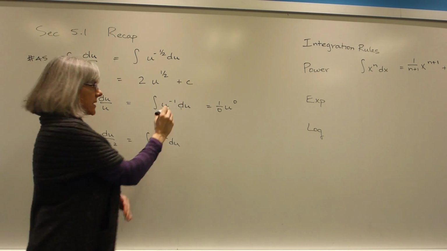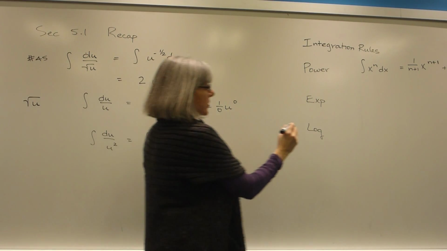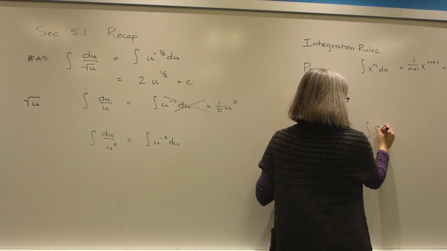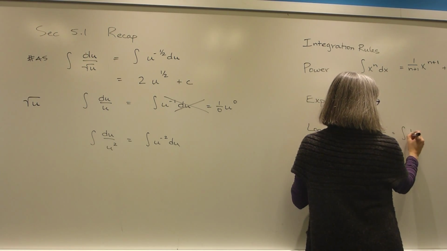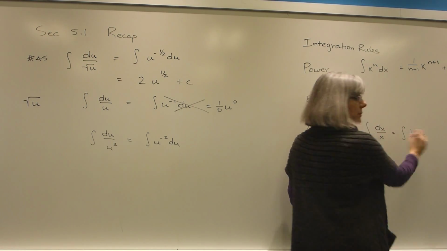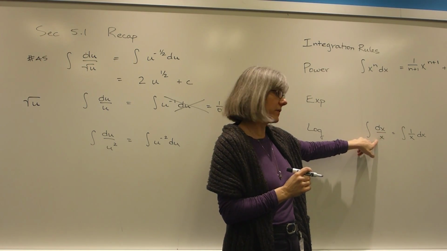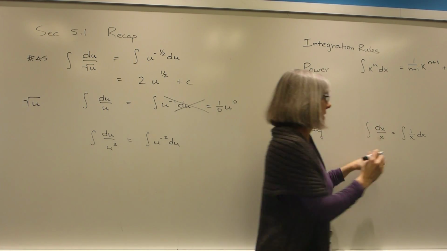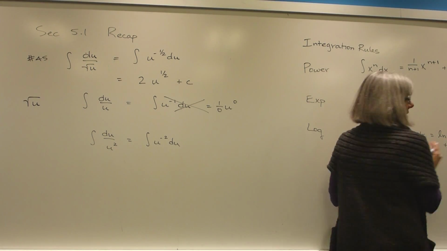So you know that this is not the right route. This is a log. So the integral of dx over x, or another way to write that, the integral of 1 over x dx. They mean the same thing, but this pattern is one that we want to recognize. Derivative of the denominator is in the numerator. This is just ln absolute value x plus c.